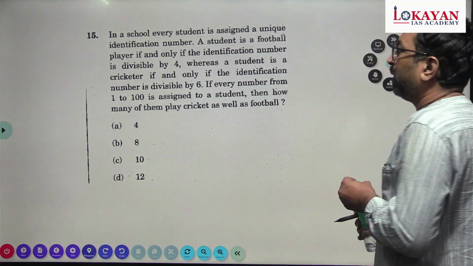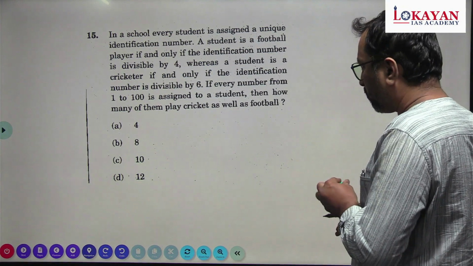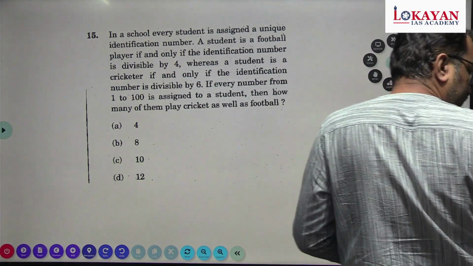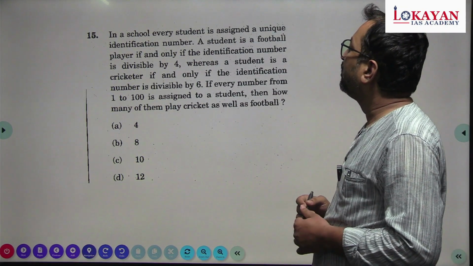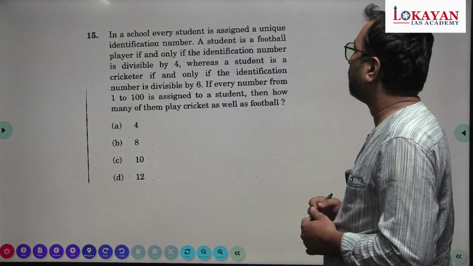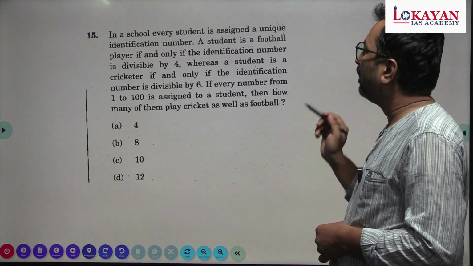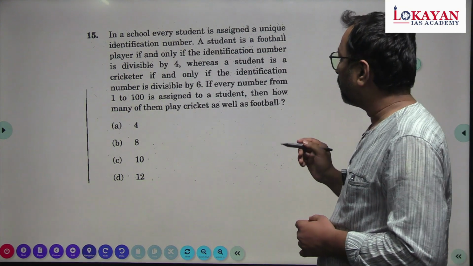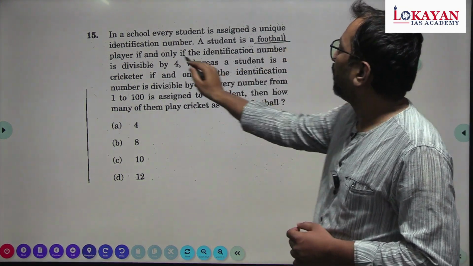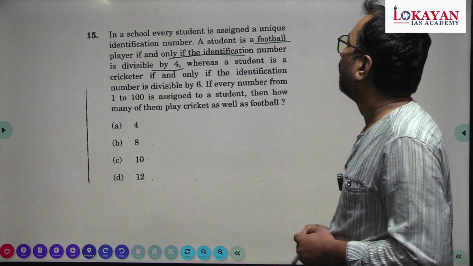See, next example. In a school, every student is assigned a unique identification number. A student is a football player if and only if the identification number is divisible by 4.